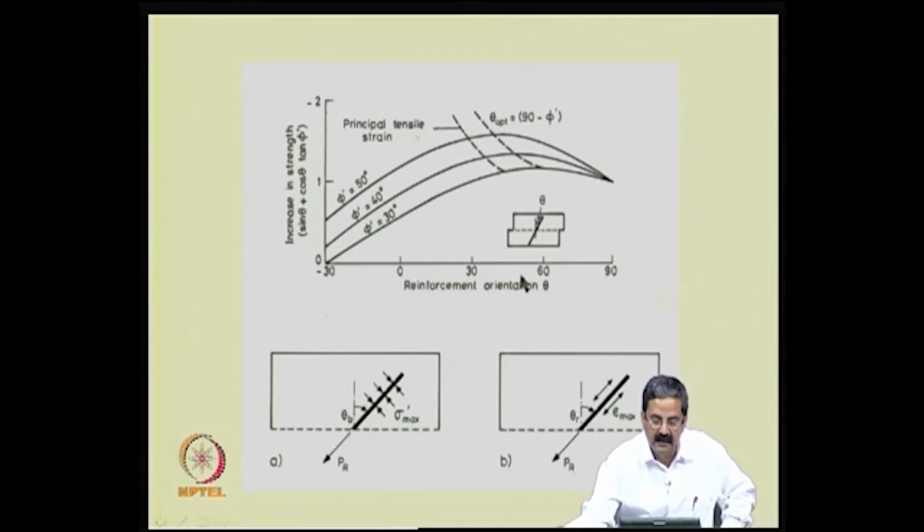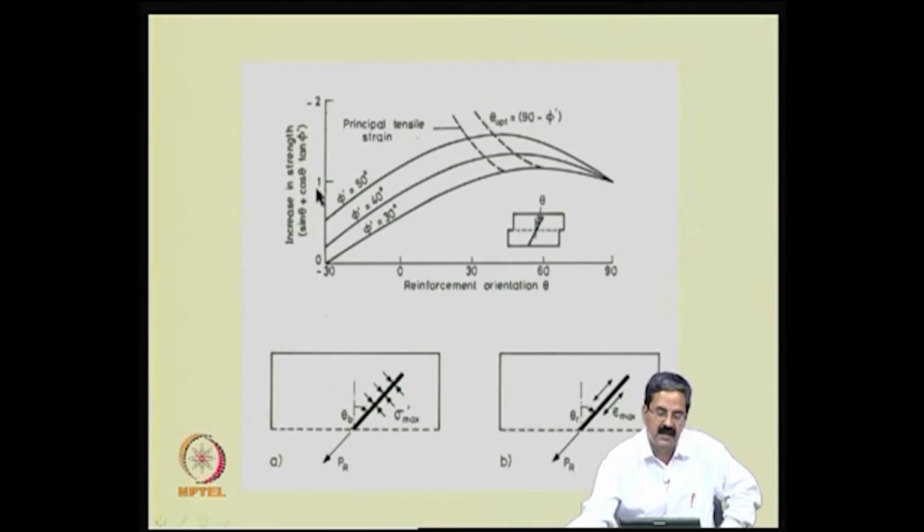So, which means that there will be a small correction. It is not either in the direction of this to get the maximum benefit out of the tensile action, or in this direction to get the maximum benefit out of the bond action. So, still it is in a via media which is somewhat reasonably satisfactory.